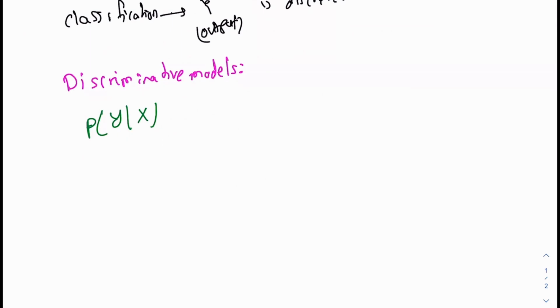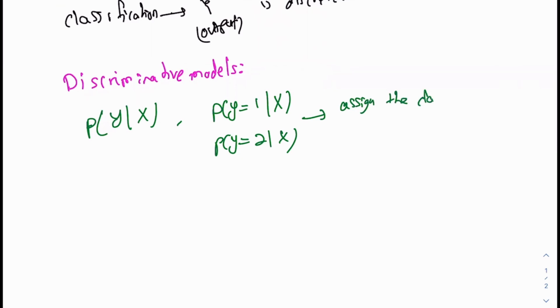So I'm going to calculate the probability of Y equal to 1 given X, and the probability of Y equal to 2 given X, and compare to see which one is larger, and then assign the class based on the larger probability. That's the whole framework of discriminative modeling.